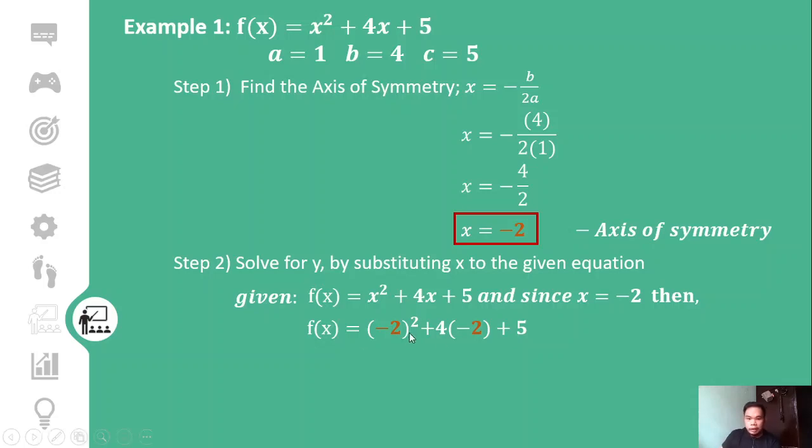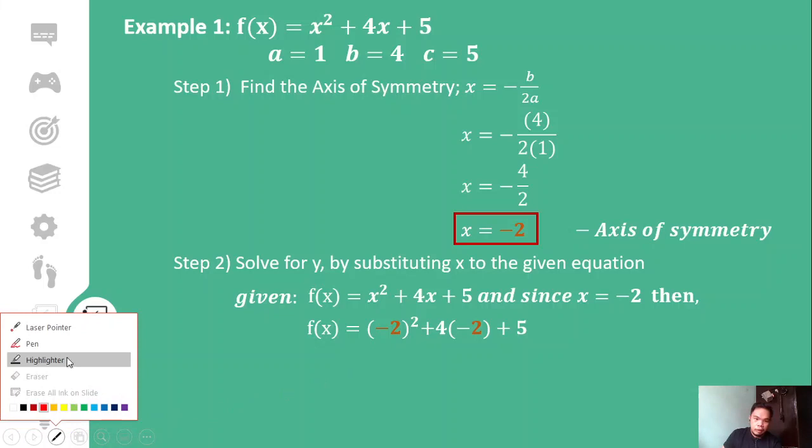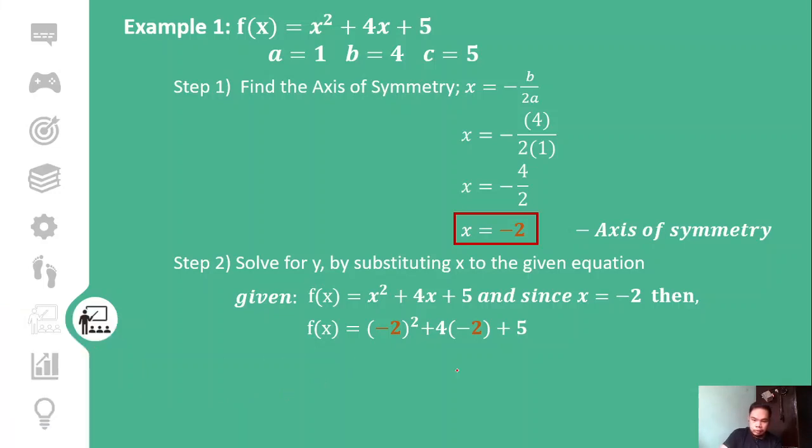So, we have negative 2 raised to 2 plus 4 times negative 2 plus 5. Okay? Then after that, ito naman, negative 2. Okay, yung negative 2 raised to 2, i-evaluate natin to.